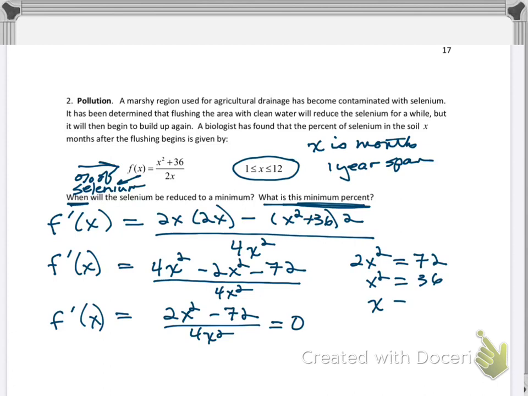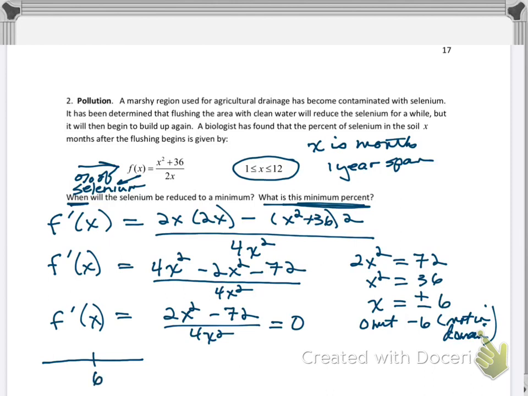So x equals, very carefully, plus and minus 6. Then you're going to omit negative 6 because it's not in the domain. You still should be solving for it, but then you're not going to use it when you do your first derivative test. So your critical value that you will be testing is only 6, and that is within your domain.